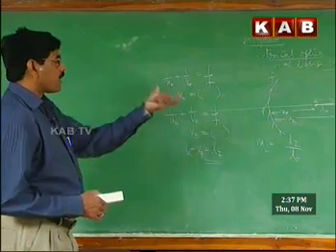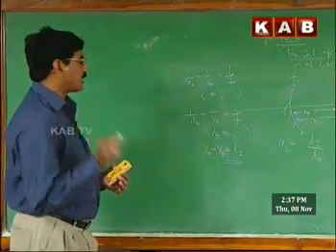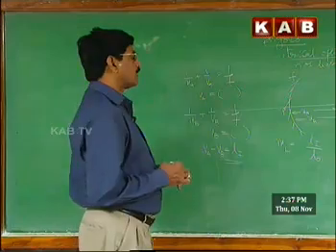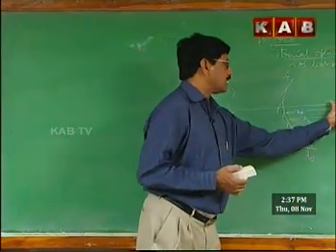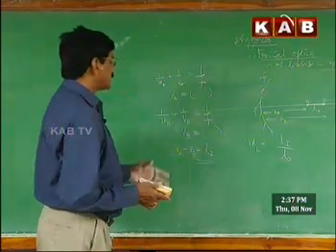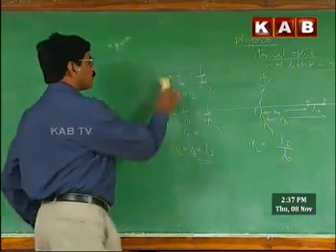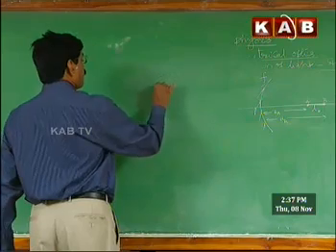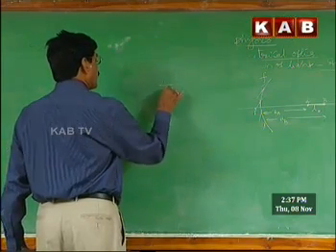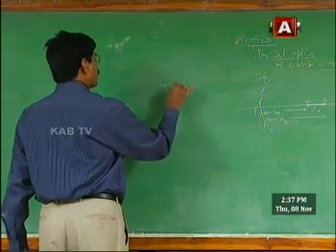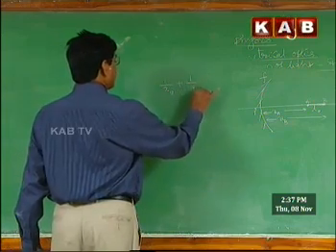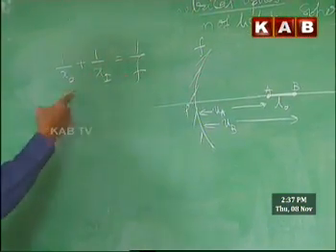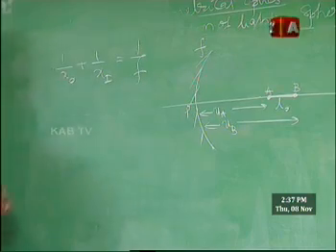In case a very small linear object is placed along the principal axis, in such cases, you can use differentiation as 1 by xo plus 1 by xi is equal to 1 by f, assuming mirror is fixed.